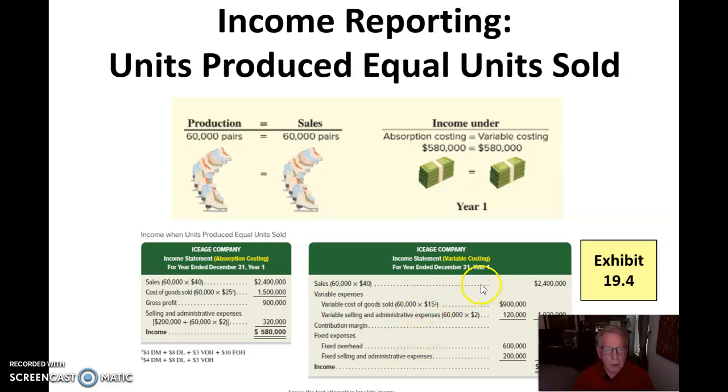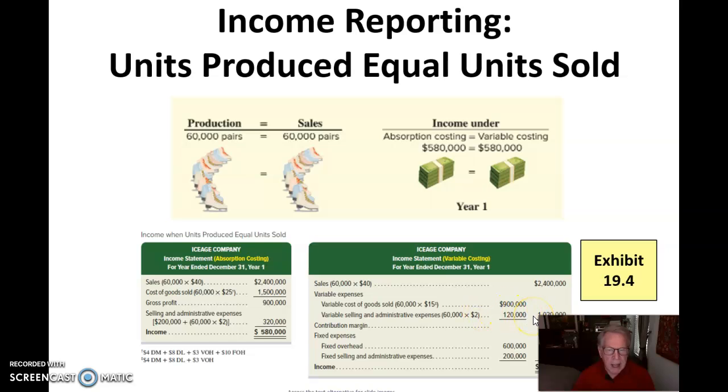Now, under a variable costing statement, this has some subtleties to it, so be sure to pay attention. We have the same sales. Our variable cost per unit is $15. That $10 of fixed cost per unit is not included there. And that gives us the variable cost of goods sold of 900,000. And our variable selling and administrative is 60,000 units times the $2 of variable cost.